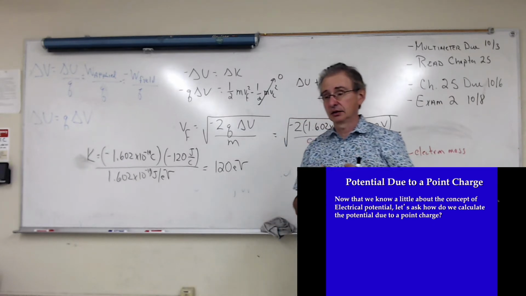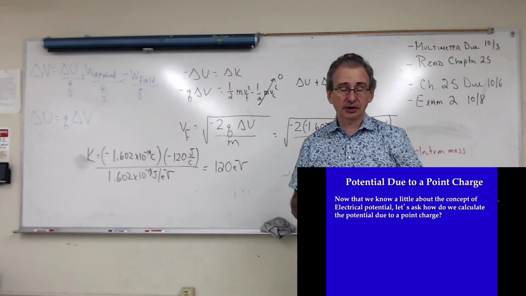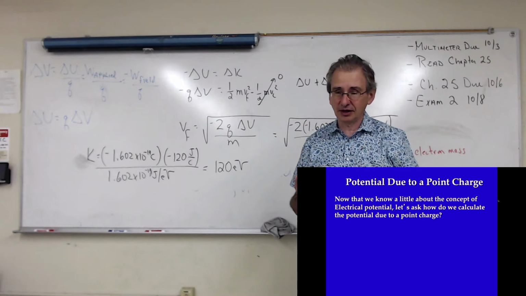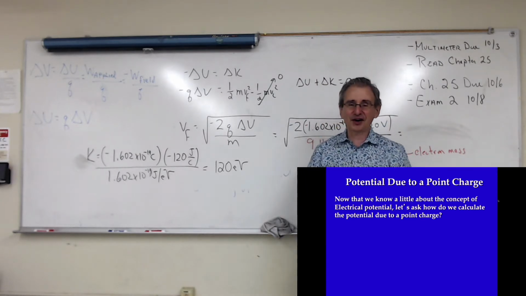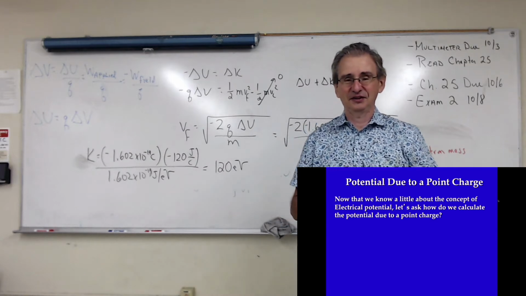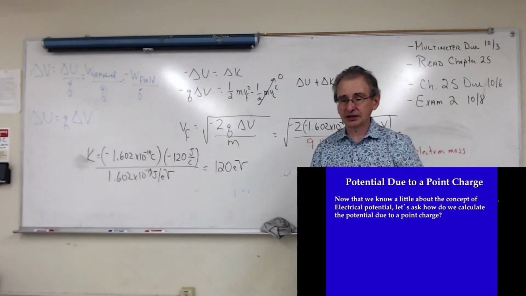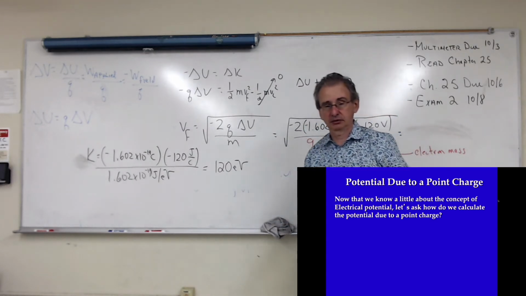I think these calculations are easier because the electric potential, just like electric potential energy, is a scalar. You don't have to worry about figuring out the hats. So these calculations, I think, will be a bit simpler for you.